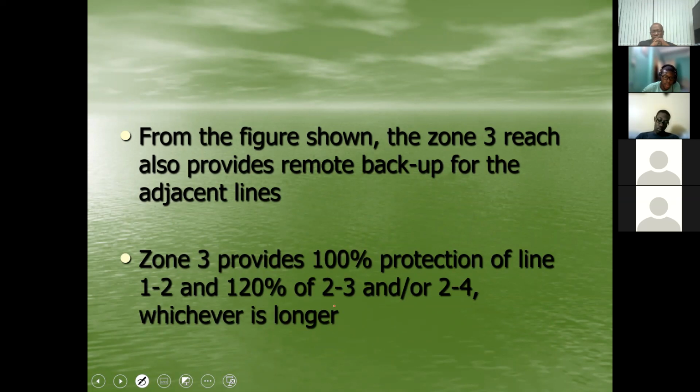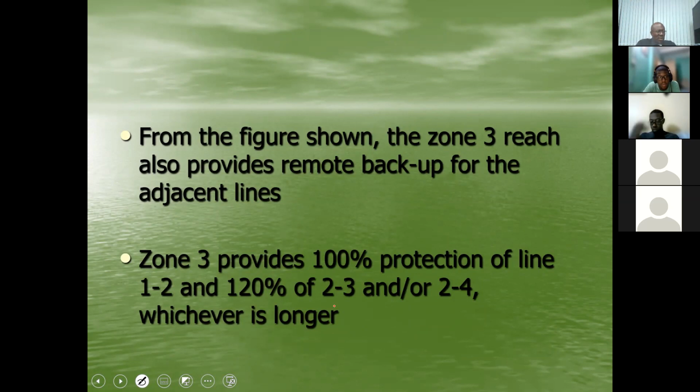For zone 3, and this now is related to the diagram that we have. For your zone 3, it's 100% of the protected line plus 120% of lines 2, 3, or 2, 4, whichever of them is longer.